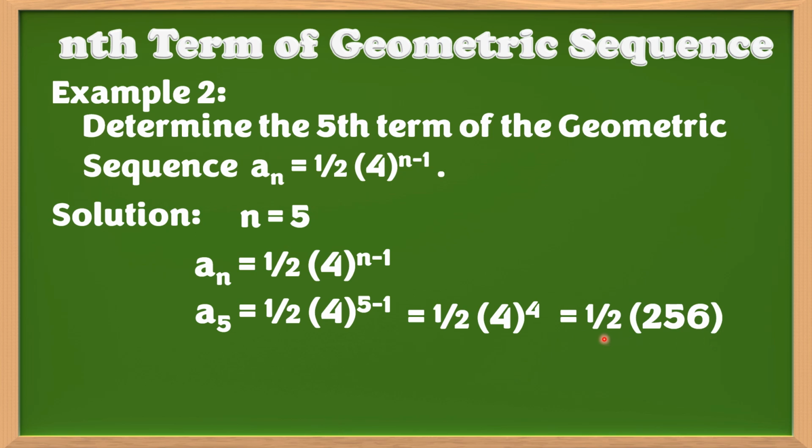Next, we're going to get the half of 256, and the answer is 128. So the fifth term of the geometric sequence a sub n equals 1/2 times 4 raised to n minus 1 is 128.